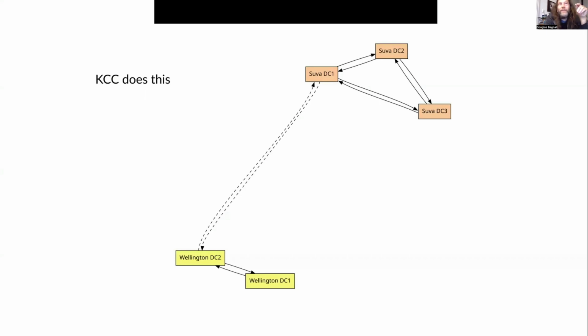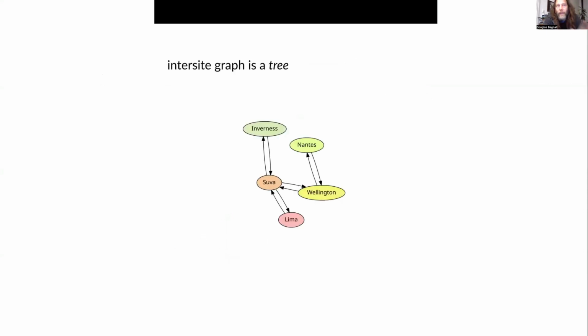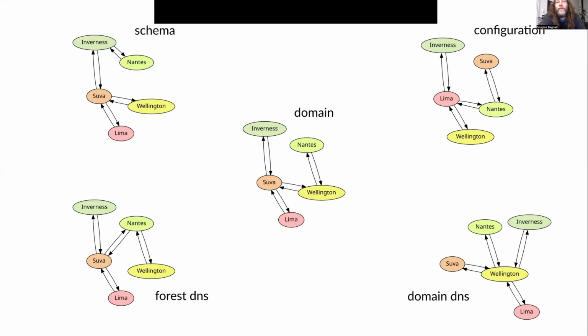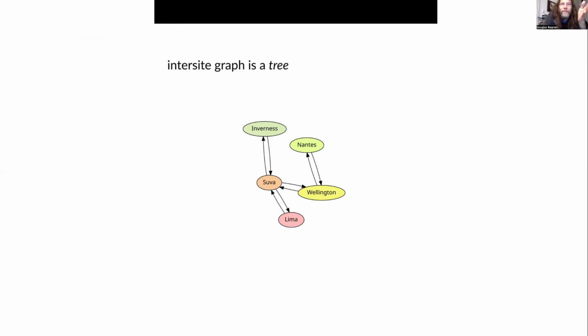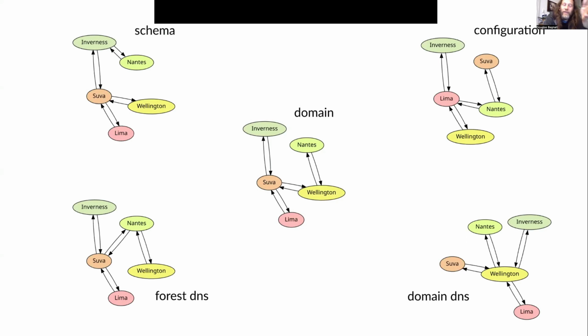And that's really all it does. So the inter-site graph is a tree. If you've got 5 offices in 5 cities, it'll draw a tree like this, in a deterministic way, but different every time. And actually it'll draw 5 trees, because it does one for each partition.